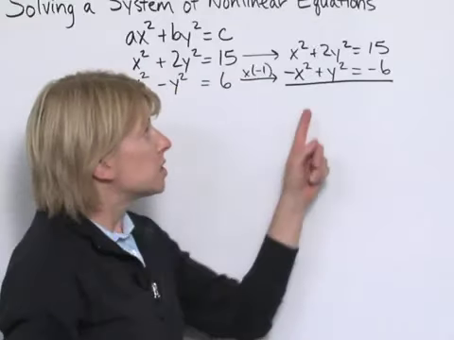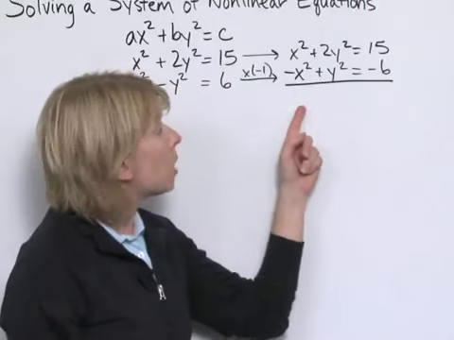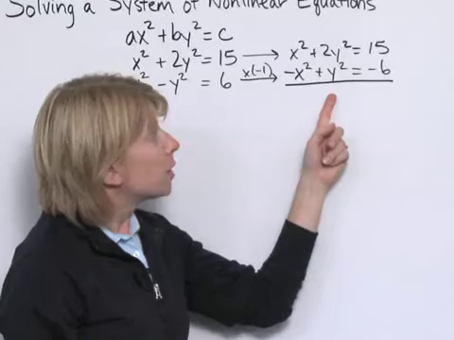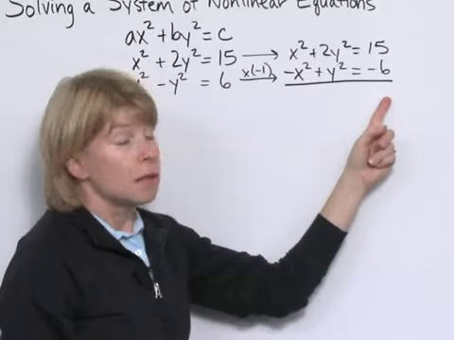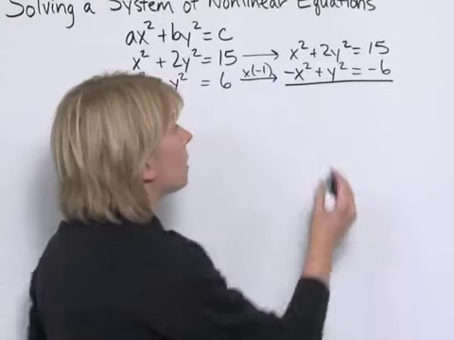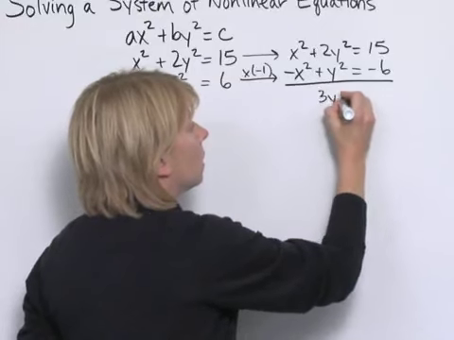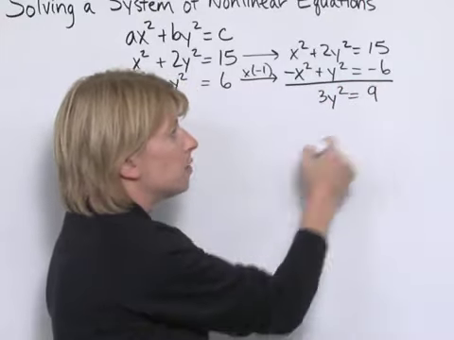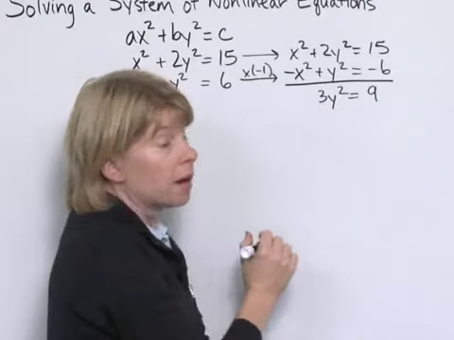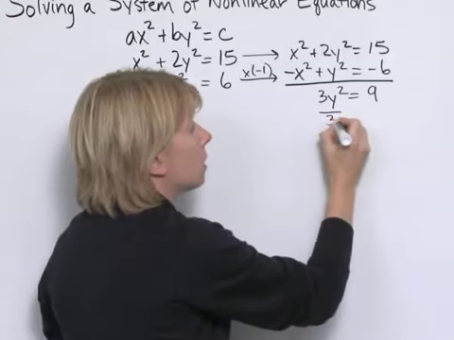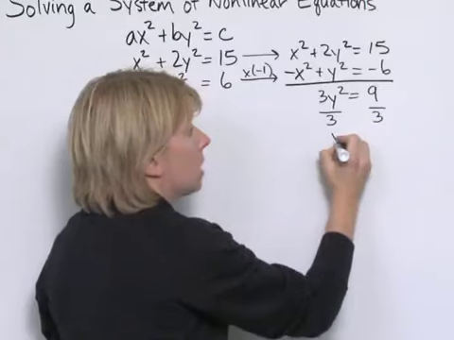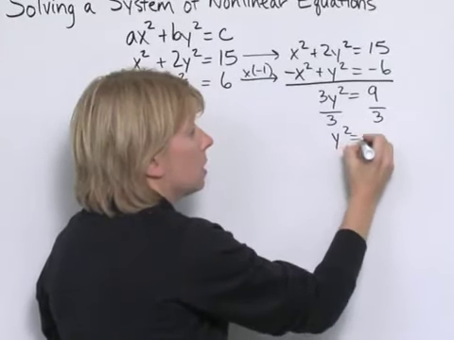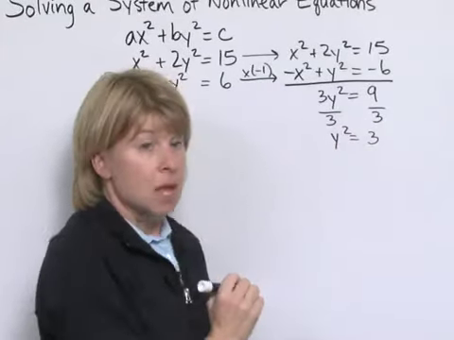Now when we add the equations together, our x squared terms drop out. Here we'll have 3y squared, and on the other side of the equation we'll have 9. And if we solve this for y squared first, we'll divide by 3. We get y squared is 3.